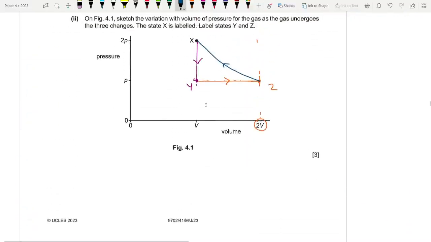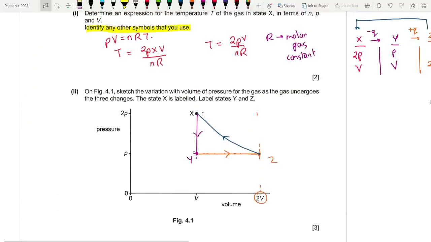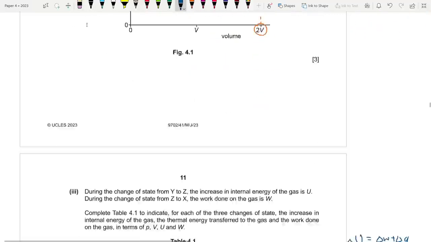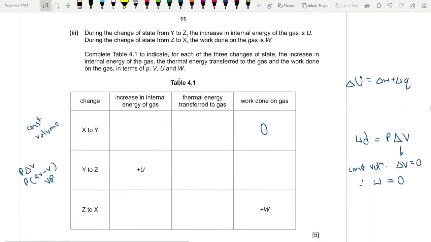Now, whenever you have an increase in volume, it is actually work done by the gas, not on the gas. So work done is actually negative. And we will express that, since we have P and V here, as minus PV.